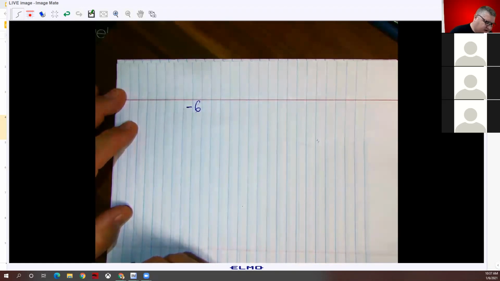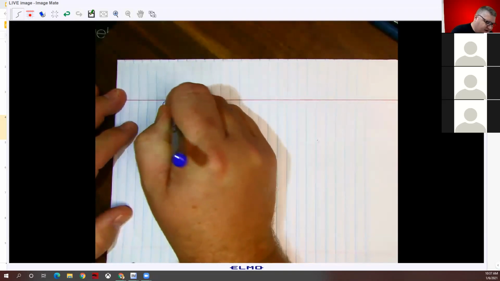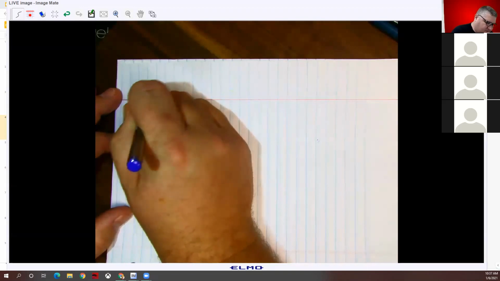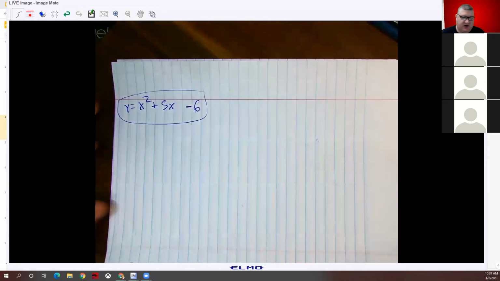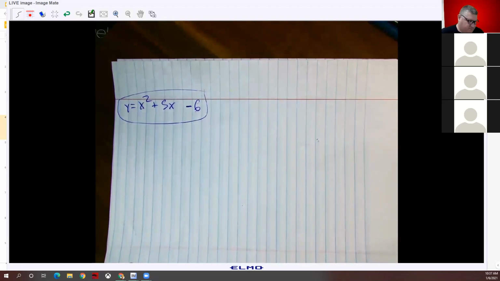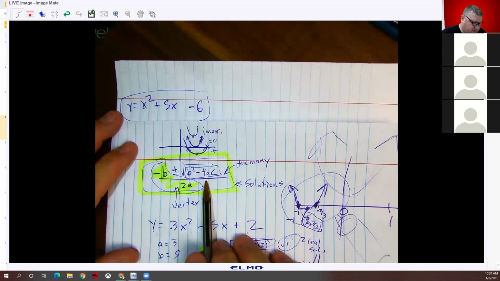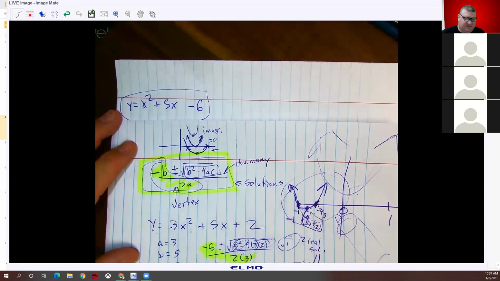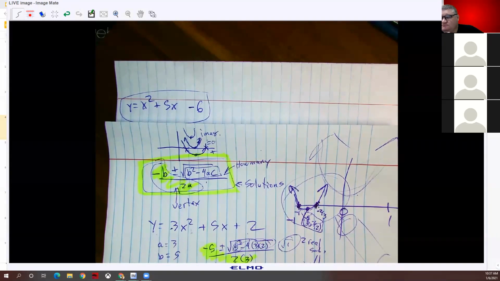So negative 6, that's going to make 5x here and x squared here. I want you to use the quadratic formula, and I want you to solve it. I want you to give me the vertex and give me a graph. Go. On your own piece of paper.